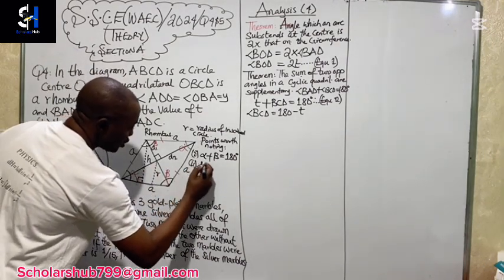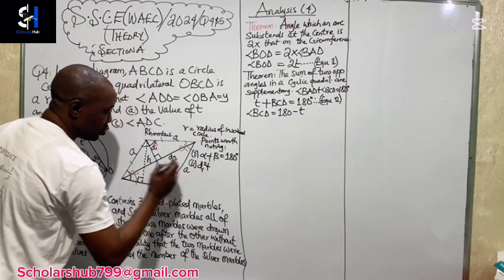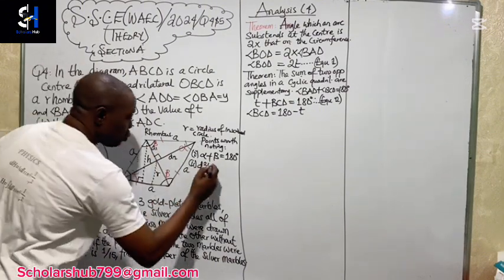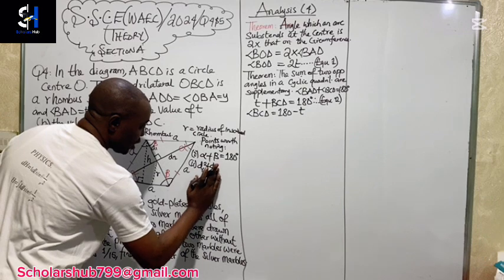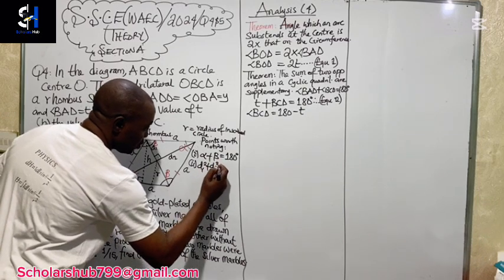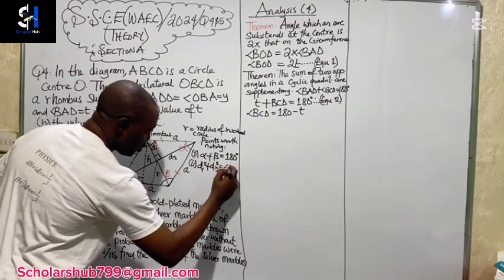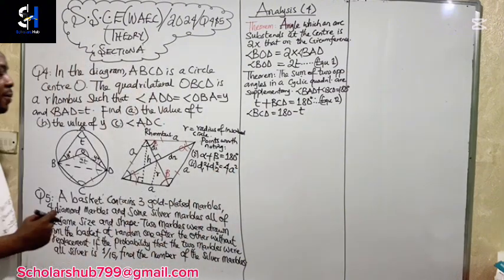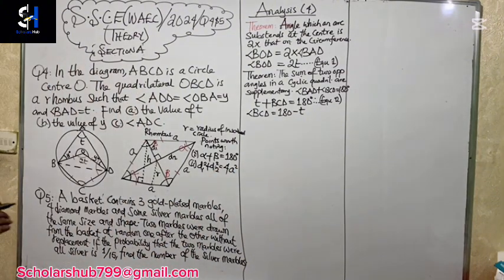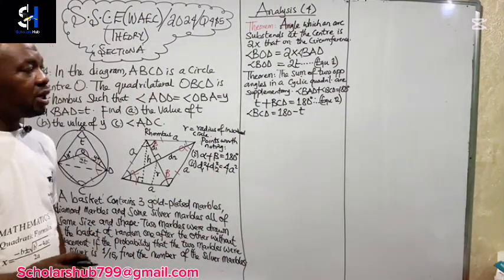Second point: the square of diagonal D1 plus the square of diagonal D2 will be equal to 4a squared. That's the beauty of mathematics.